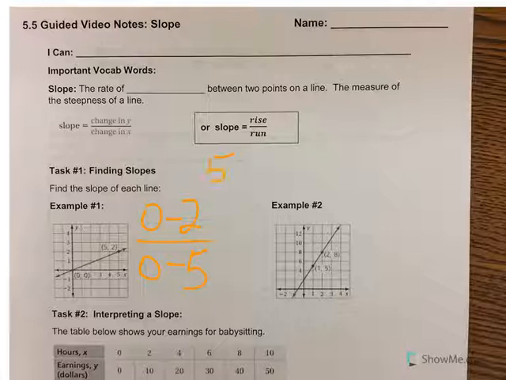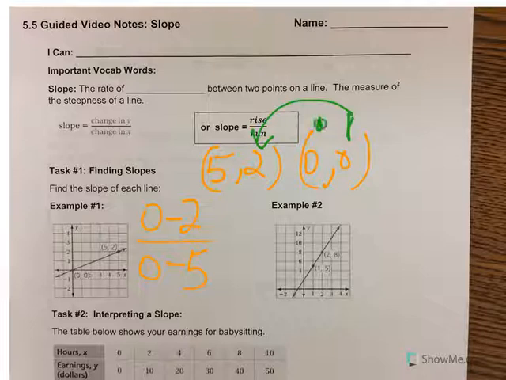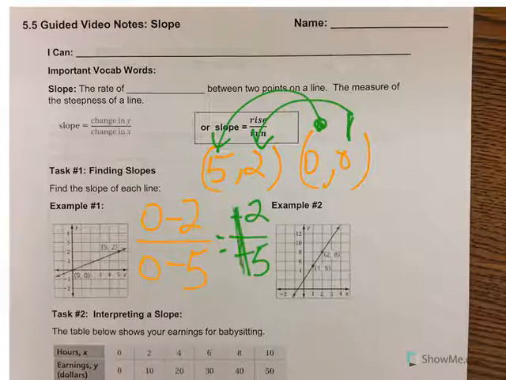So I had 5, 2 written and 0, 0. If I do this first y minus the second, then I have to do this x minus that x. I have to keep that order. I would get negative 2 over negative 5. And when that happens, if I have a negative over a negative, those negatives cancel, which still gives me 2 over 5 as my slope.